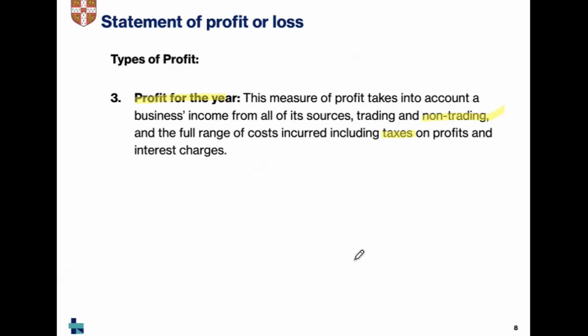All right. So let's look at how the statement of profit or loss is arranged or prepared. Like I said, we start from the revenue, the business's revenue from sales. So how many water bottles did we sell?